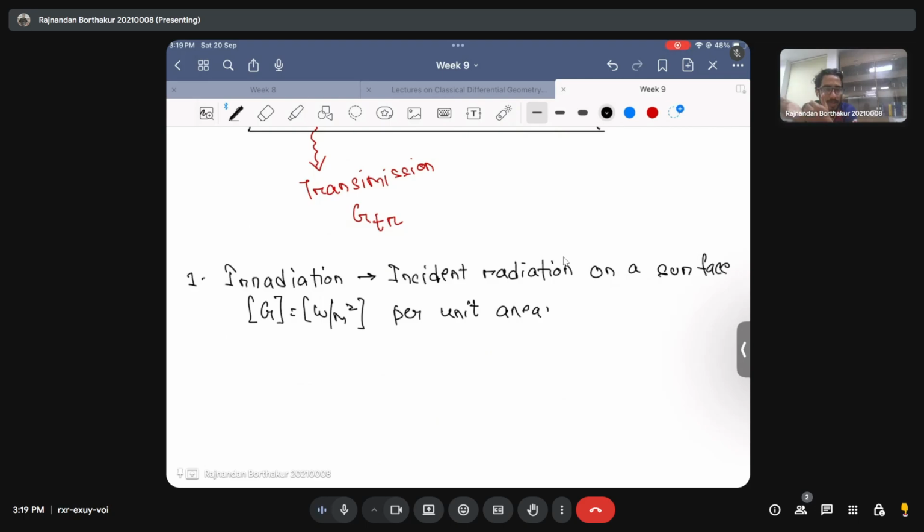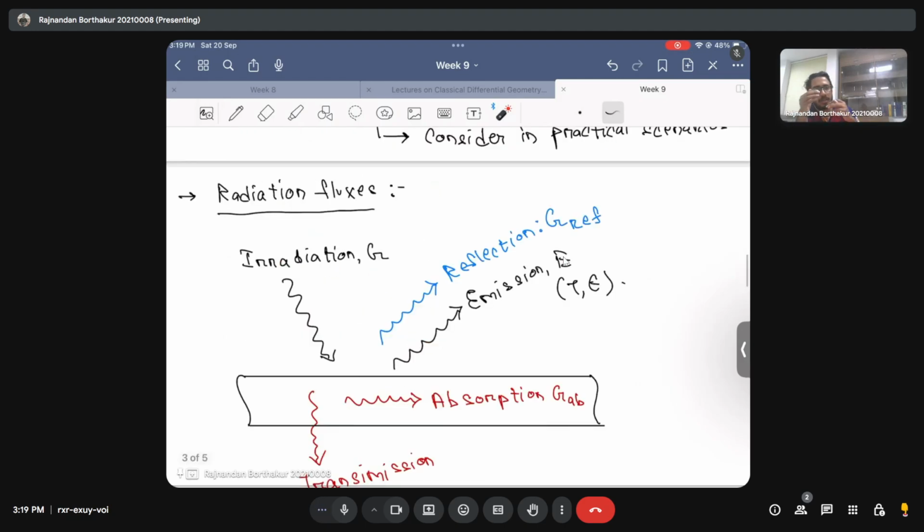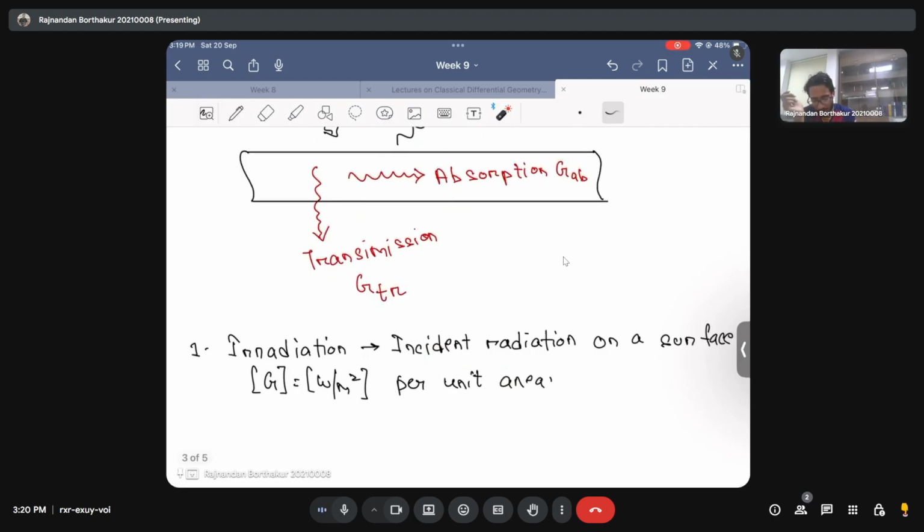So as I said, you pick the body of your interest, let's say this particular solid, at some temperature T. Then all other objects which are at some other given temperature will serve as a surrounding to this particular solid of interest, and the radiations that are emitted from all these objects and are incident on this surface, that is in principle what we call irradiation. This irradiation has a unit of watt per meter square, so it's a flux quantity that we are trying to specify.